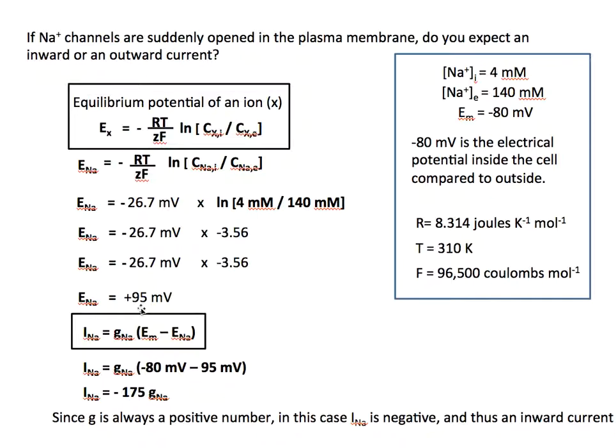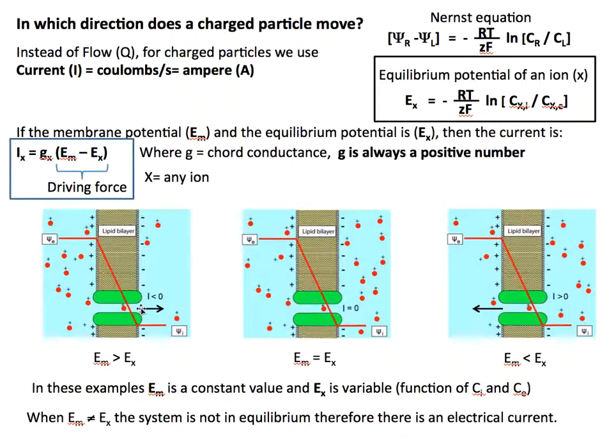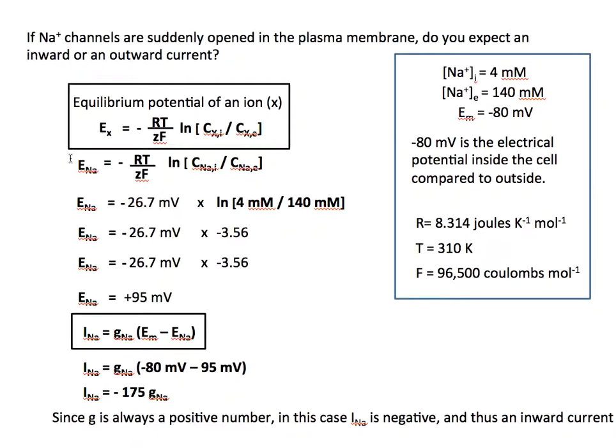Now, remember from the previous slide, I equals gx times Em minus Ex. We're going to do that. So your Em is negative 80. And then your ENa, the Nernst potential that you calculated, is plus 95. When you subtract that from negative 80, you will get negative 175 times conductance, GNa.